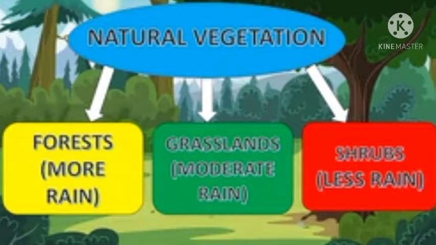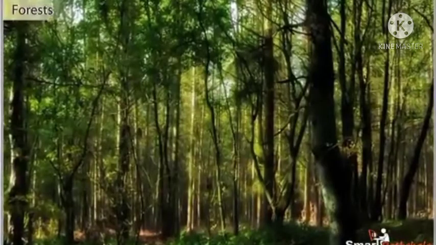Let us get to know the different types of natural vegetation of the world with their characteristics, features, and the wildlife inhabiting there. Forest. Trees and shrubs growing together at a particular place is called a forest. Apart from trees and shrubs, bushes and grasses also grow in forests.